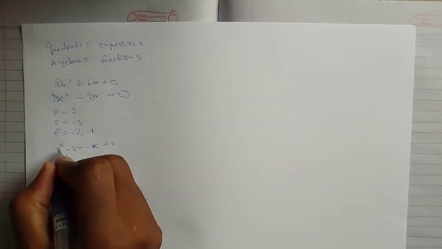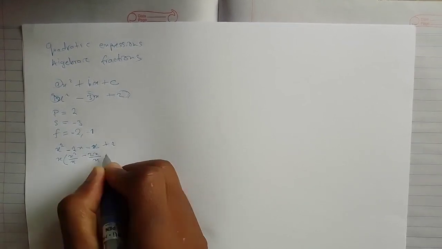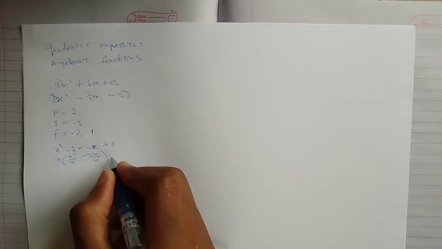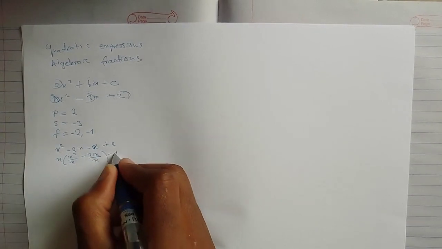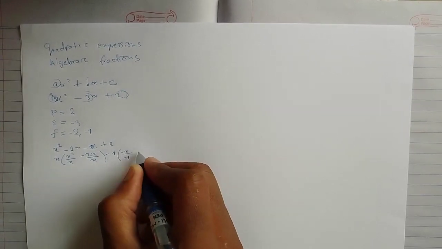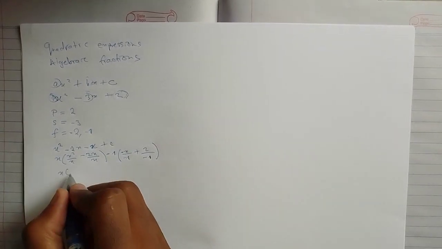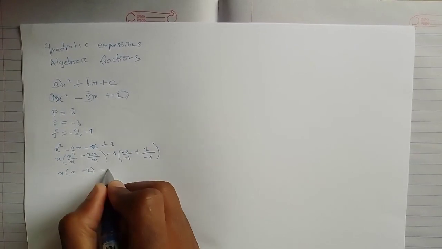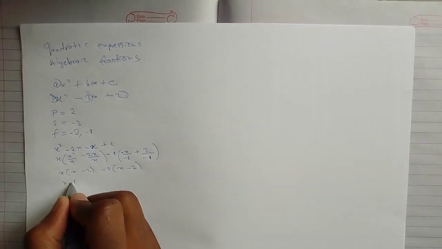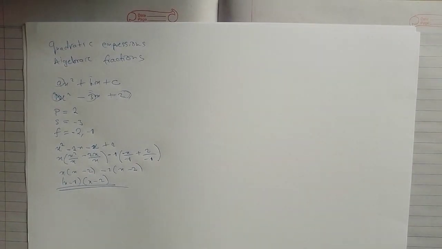We have x squared over x minus 2x over x, and we want the common factor to be negative here, so we take -1 common, so that we have -x over -1 plus 2 over -1. Then this becomes x(x minus 2) minus 1(x minus 2). Then this becomes (x minus 1)(x minus 2). Then we have factorized this quadratic expression. It's as simple as that.